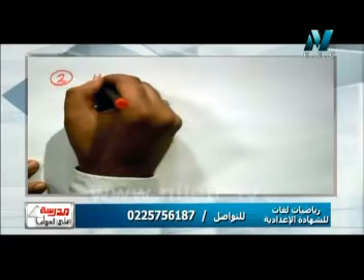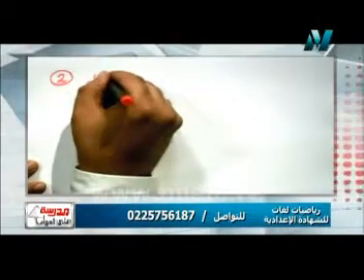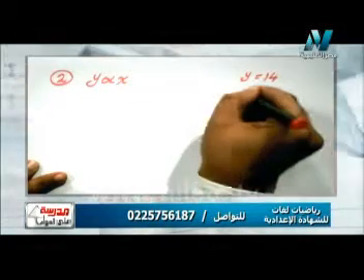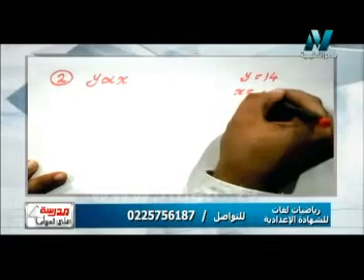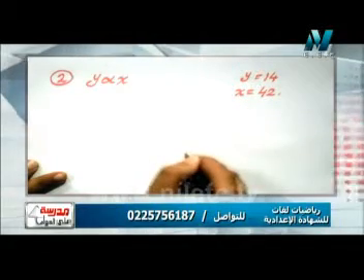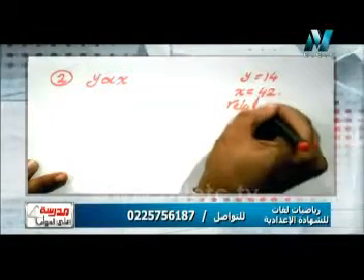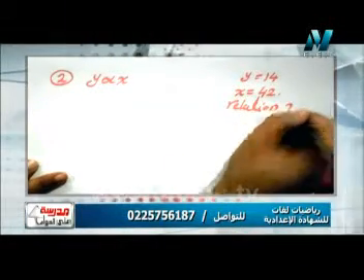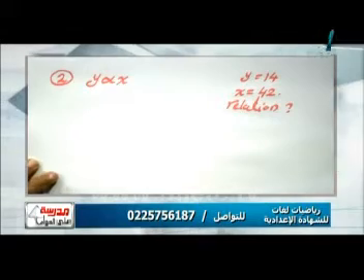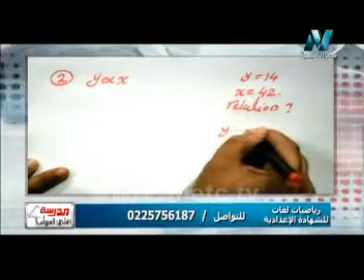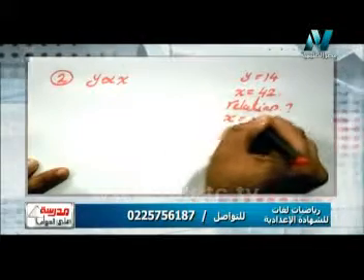Here we have: if y varies as x and y equals 14 when x equals 42, then find the relation between x and y, and then calculate the value of y when x equals 60.